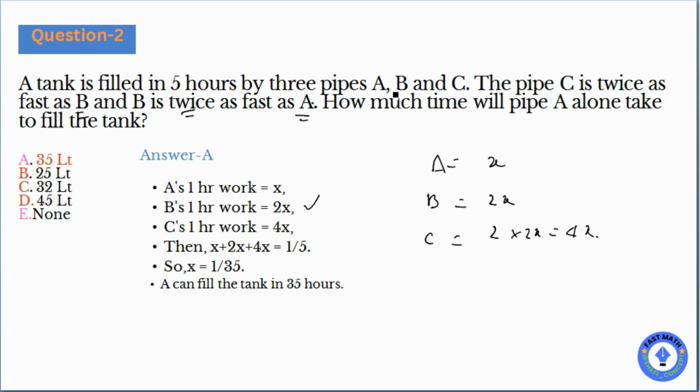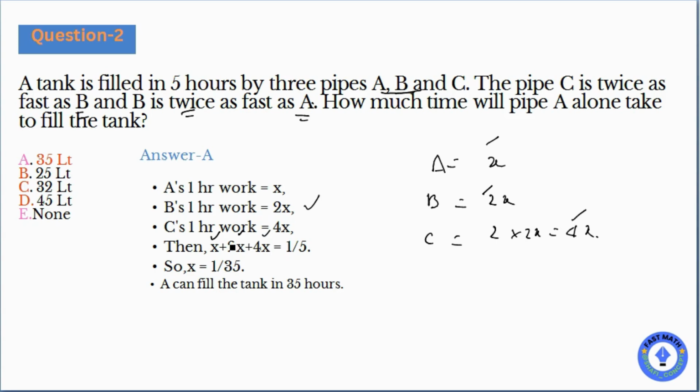What is the total efficiency? As per the problem, all the taps are kept open to fill the tank. You add all of these, because all the taps are discharging into the tank. x plus 2x plus 4x is equal to the reciprocal of 5, that is 1 by 5, because we are calculating the 1 hour capacity to fill the tank.